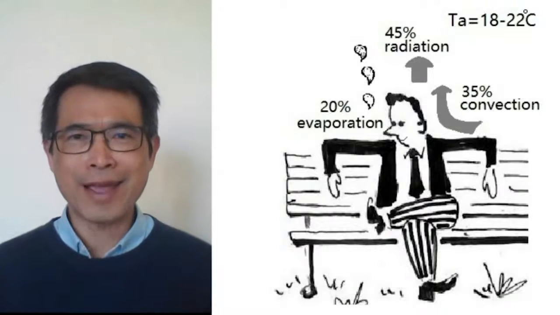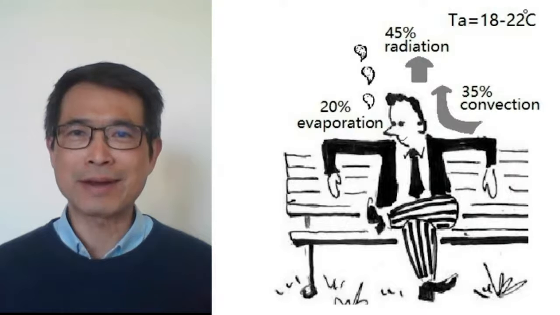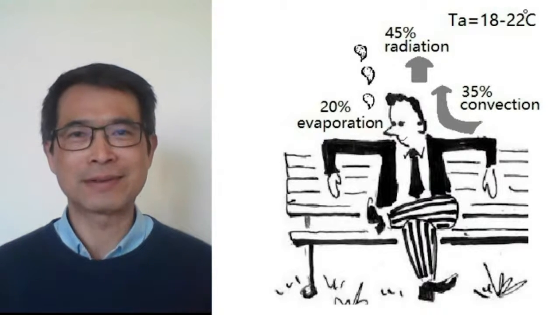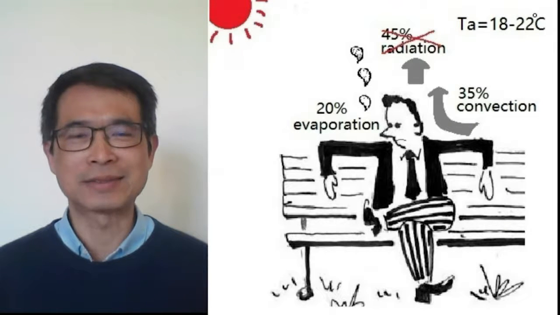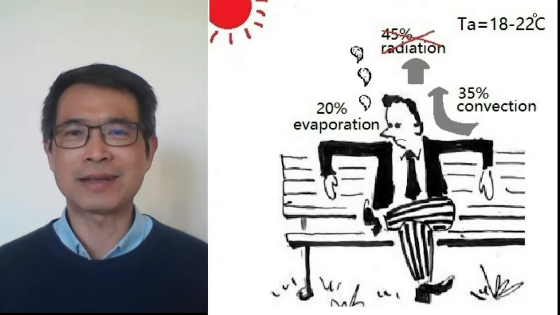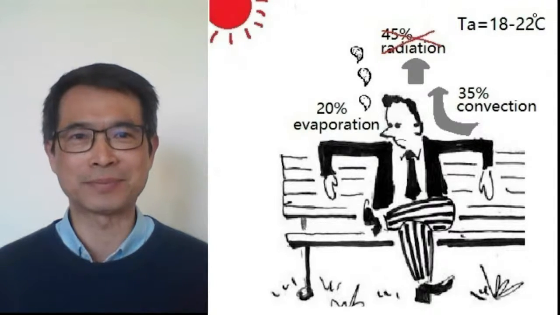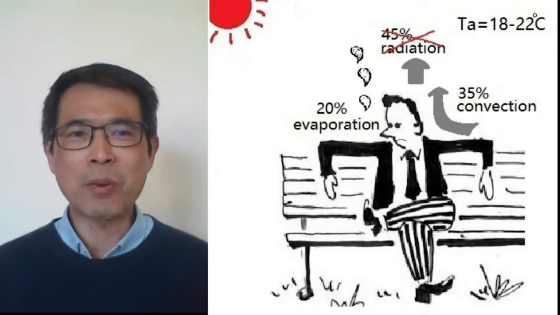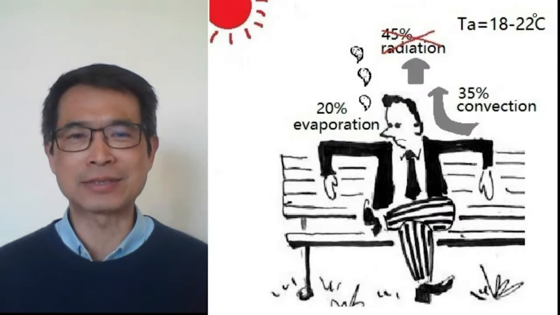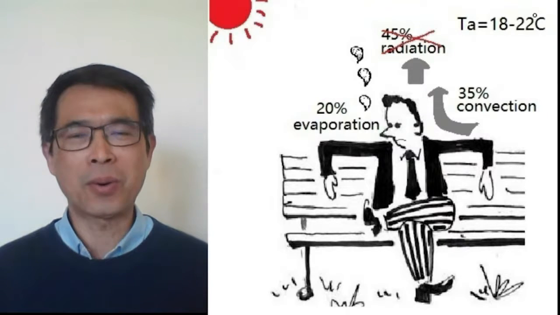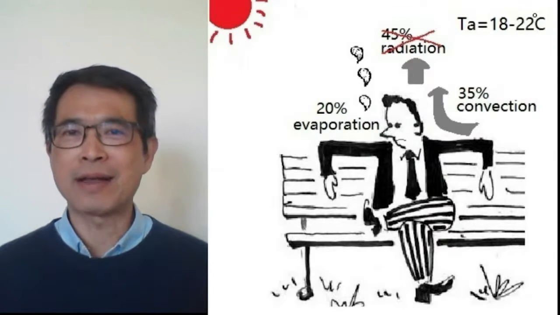If we are unable to release the right amount of heat, we will feel discomfort and even heat stress, such as when we stand in the sun near a hot surface like a hot tarmac road in summer. The simple way to avoid this is to stay away from the hot surfaces or to have an umbrella.